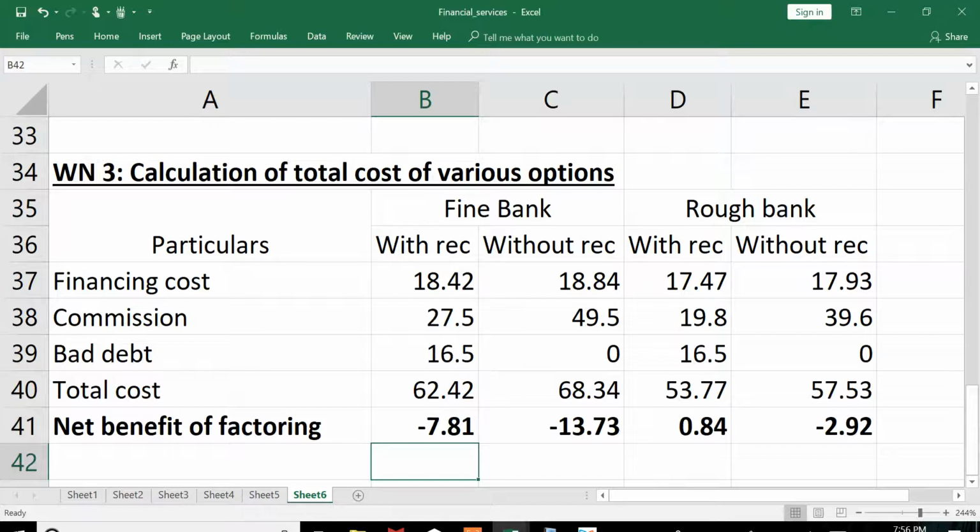Note: in-house management cost has been computed for 1000 crores, whereas the factoring related cost has been calculated for 1100 crores.